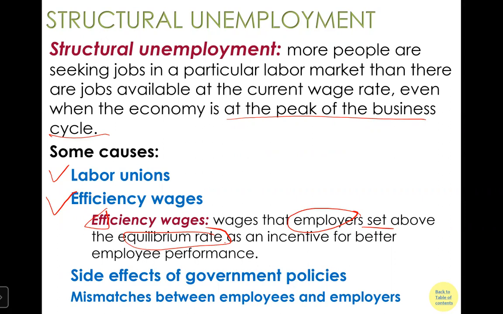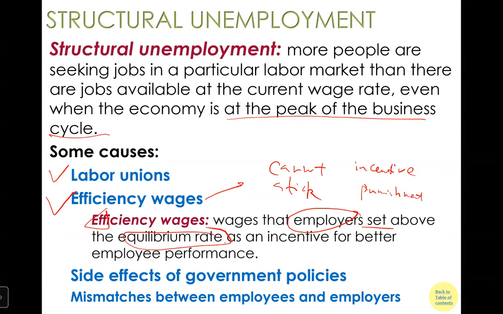This unemployment works as a stick. So in that sense, the efficiency wage is a carrot and a stick. The carrot gives you incentive, and the stick works as a punishment via the existence of unemployment.